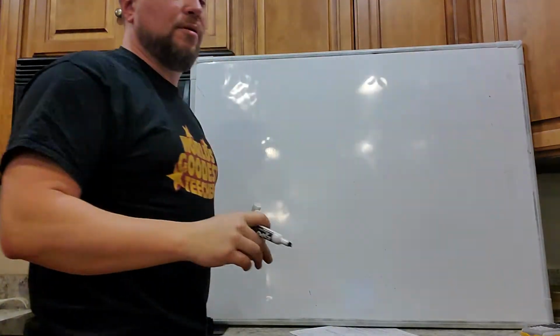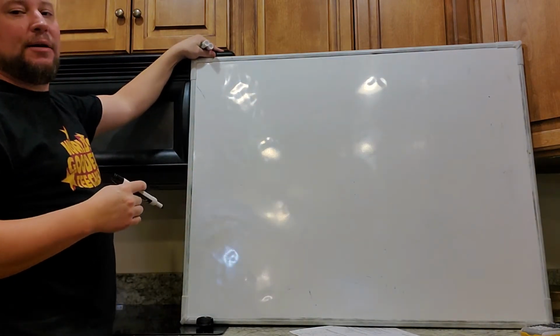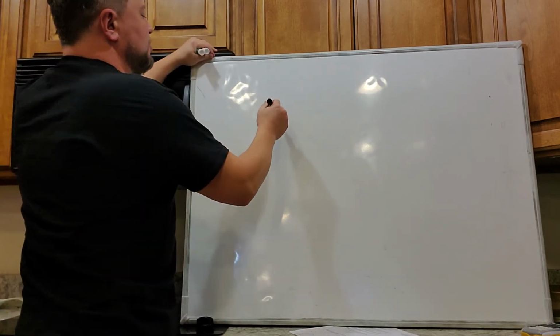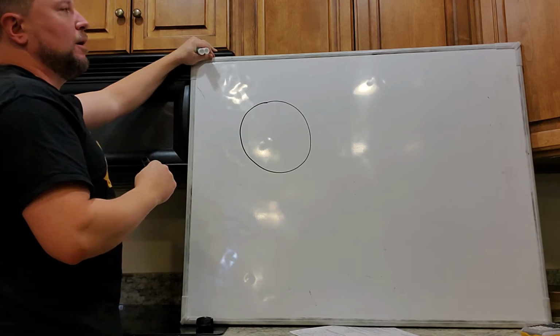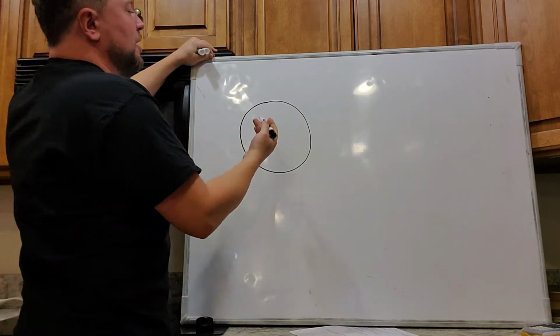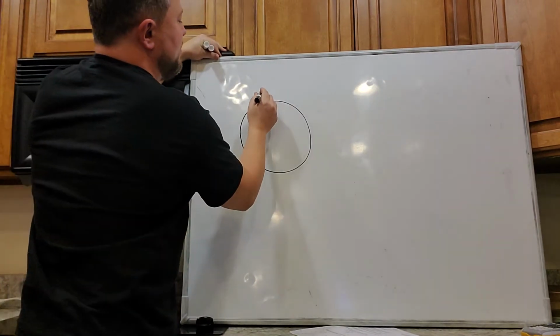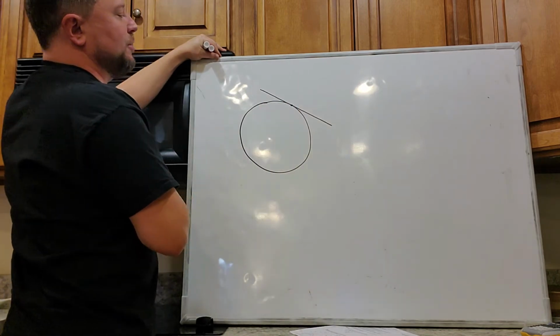Oh, one last thing, too, I want to show you. We talked about an inscribed polygon, meaning a polygon that's inside of a circle. Well, there's also polygons we can make that go around the outside of the circle. And the reason I bring it up in today's lesson is because that means that each side would have to be a tangent, like that.